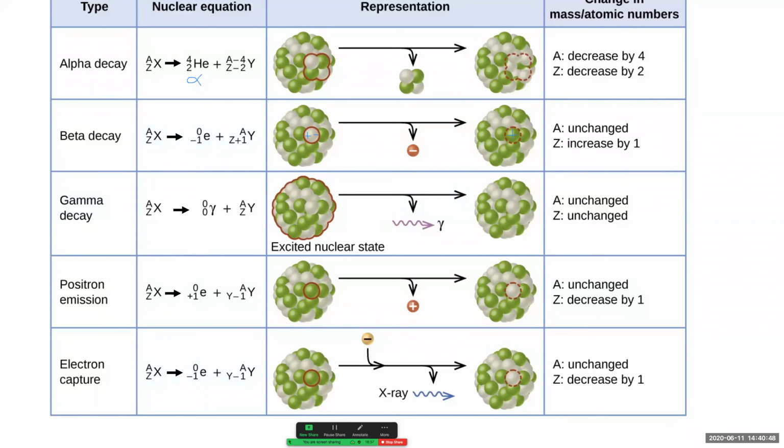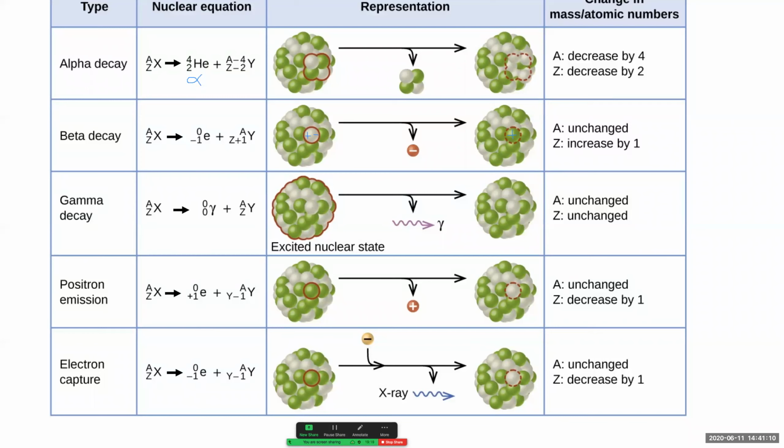So let's just wait a minute. I want to add something. Remember, the stability of the nucleus had to do with the ratio of neutrons to protons. And we saw a graph of that in the previous lecture.